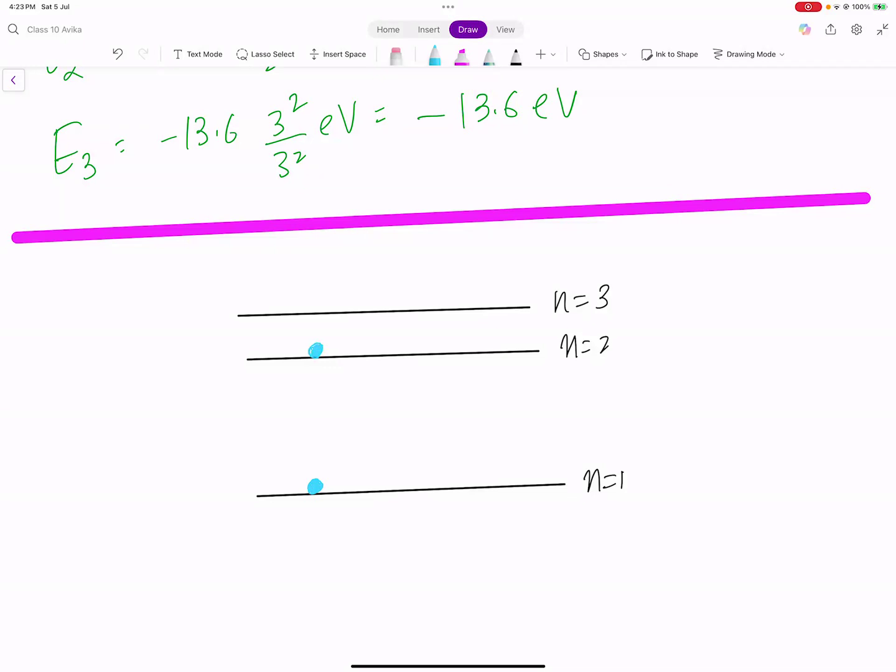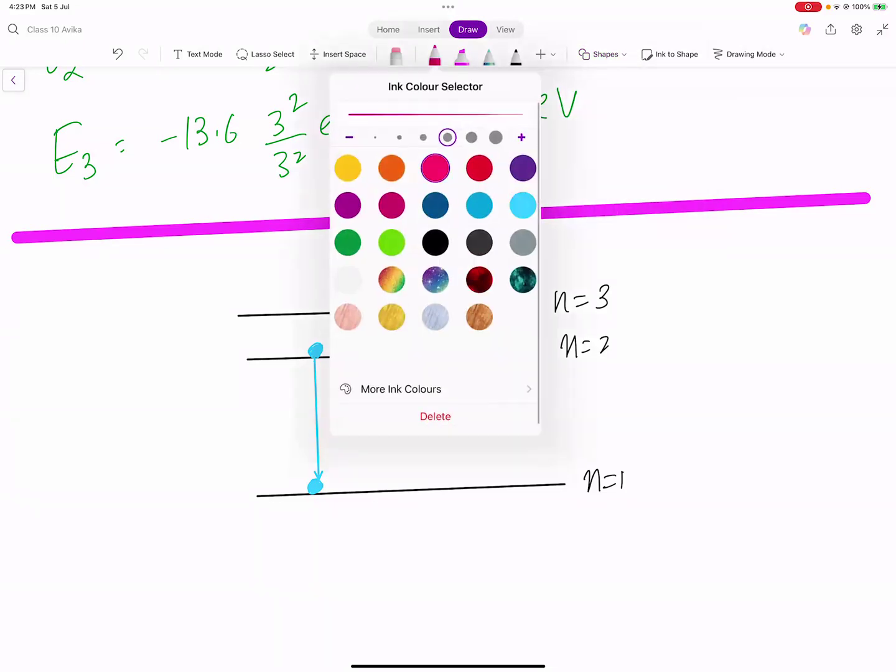And after absorbing energy, when it drops back, it releases energy, right? After it drops, it releases energy in the form of electromagnetic radiation, right?